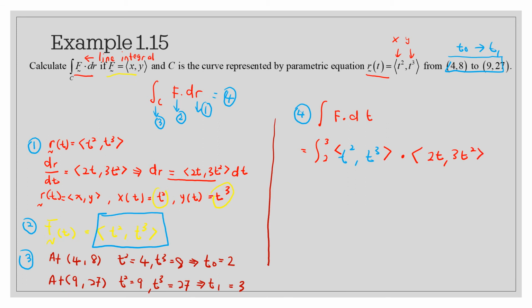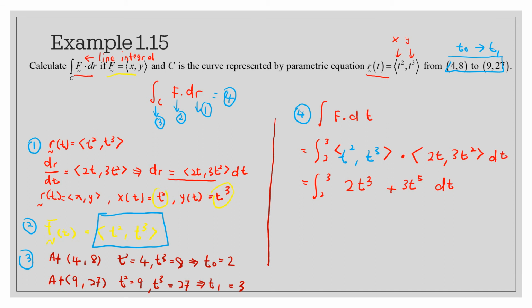So we need to solve the dot product first. So multiply the same components, we will get 2t cubed plus 3t to the power of 5 dt.